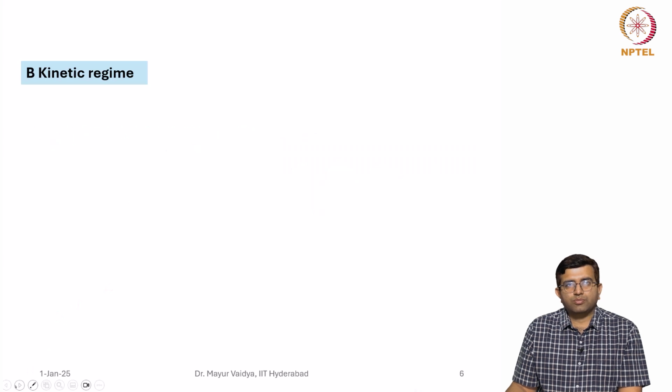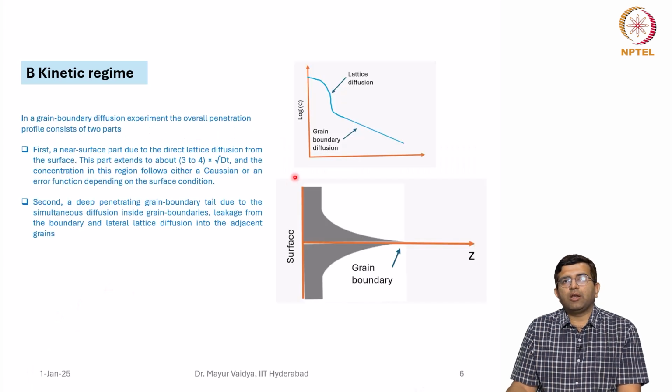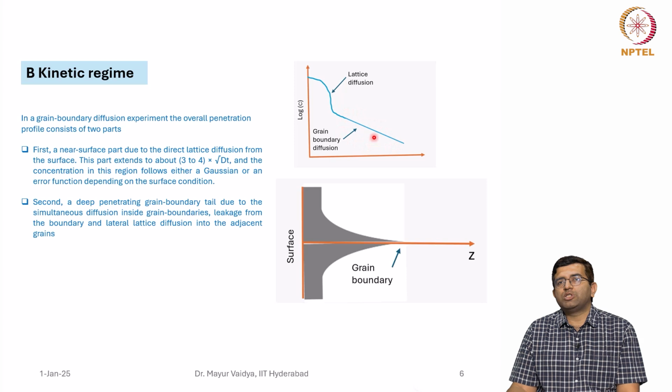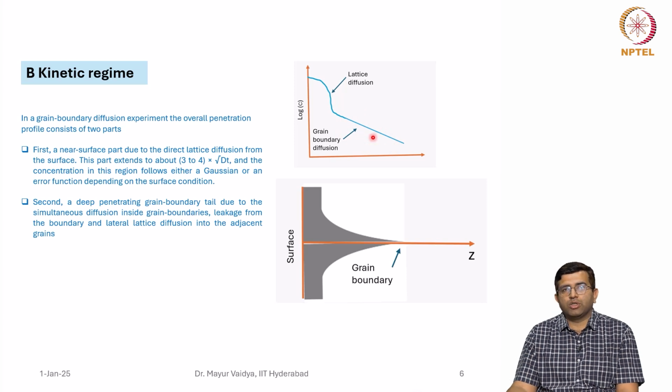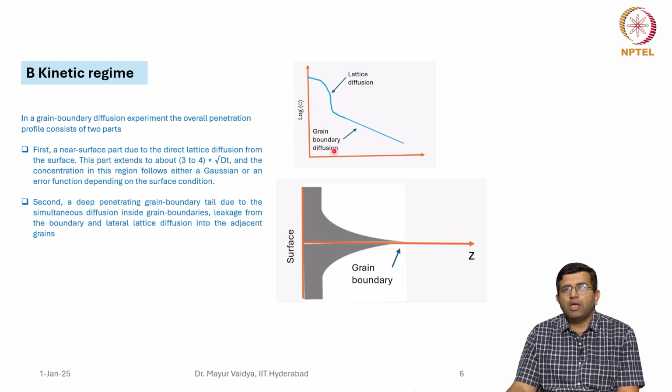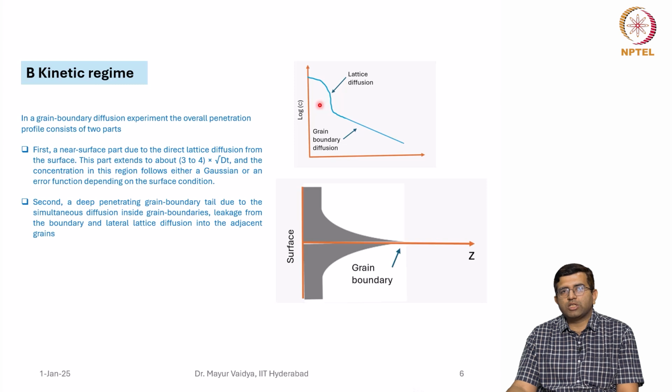So, in this particular case, your profile will look something like this. You will have a near surface part, the slope of which represents the lattice diffusion, and you will have a long tail like this which represents the grain boundary diffusion. You see that the first part extends to roughly 3 to 4 times root Dt, and this is like a Gaussian function.